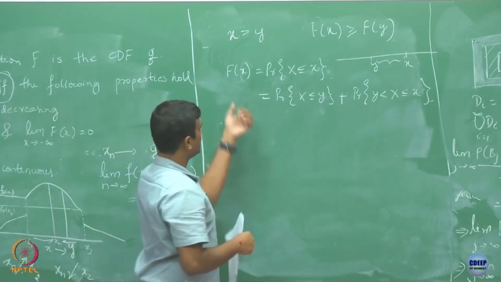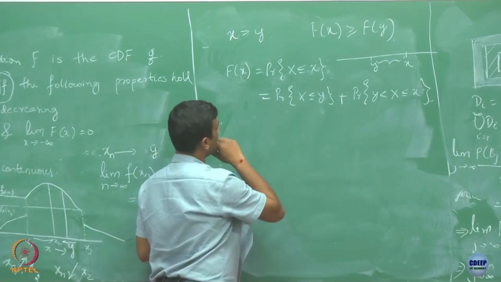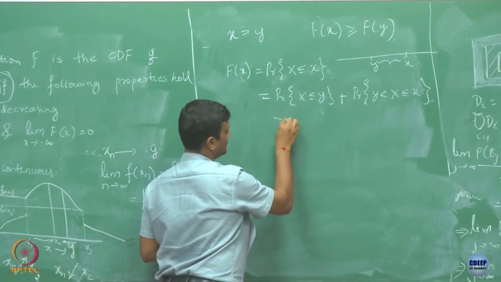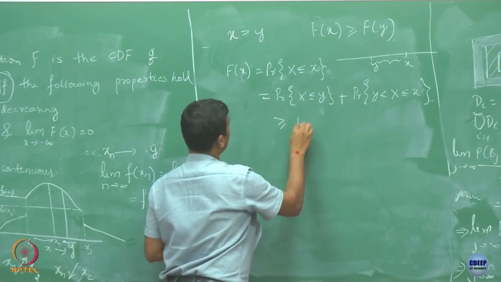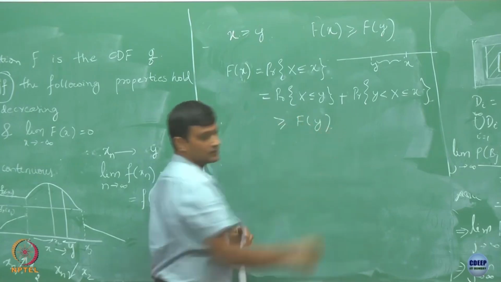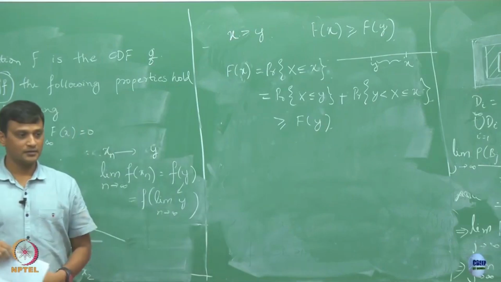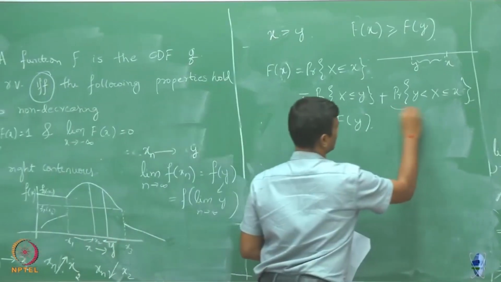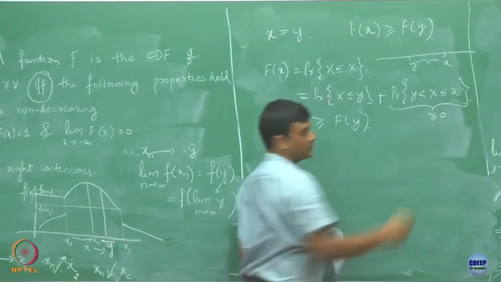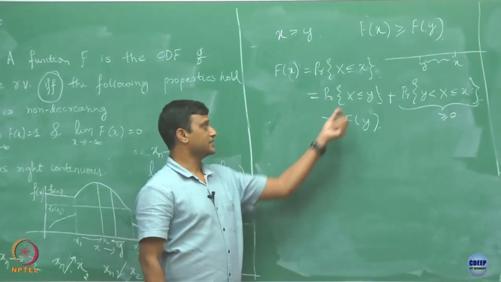Now, is it obvious that this should be equal to f of y? We know that this extra term is greater than or equal to 0, and the other term is nothing but f of y.